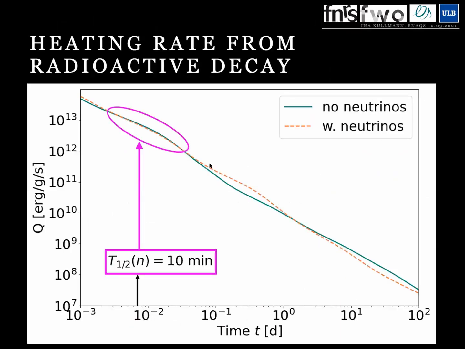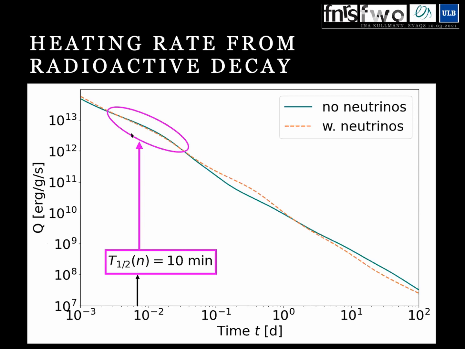So one of my last points that I would like to talk to you about today is the heating rate that we see from the radioactive decay of the freshly synthesized r-process elements. Here on the y-axis is the Q value, and we look at the time scale of days.